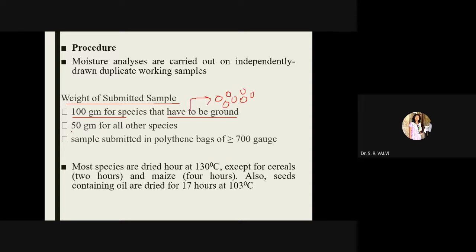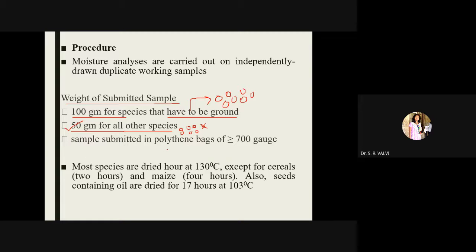Then 50 gram for all other species. If the seed itself is small in shape and size, then you take it as it is; seeds should not be ground in small-seeded crops, right? For that purpose you use 50 gram of the seed.